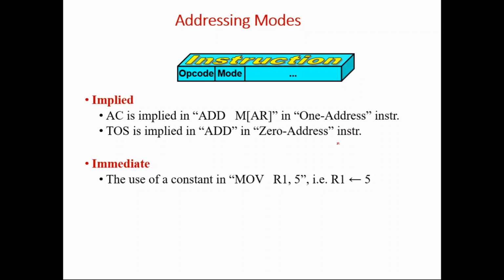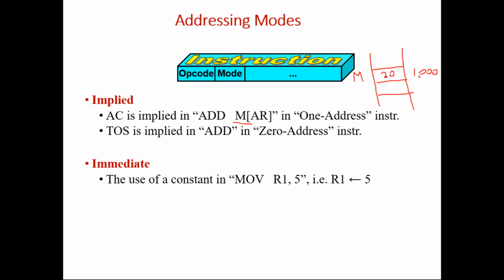Or say for example, just now I told you that M represents this memory location 1000. M is 1000. This 1000 contains some value, we are not bothered about that, say it is 20.